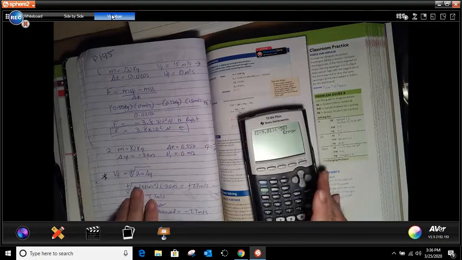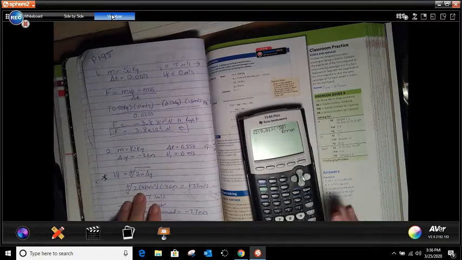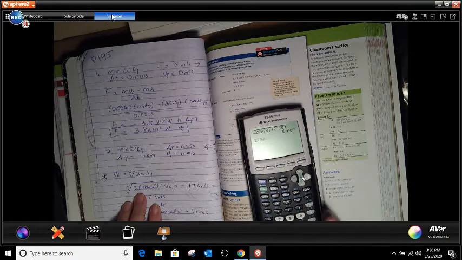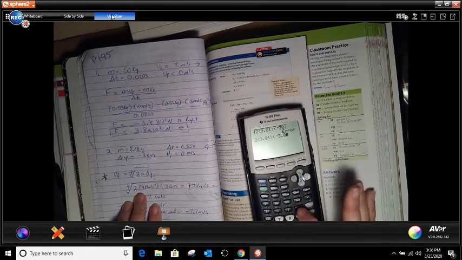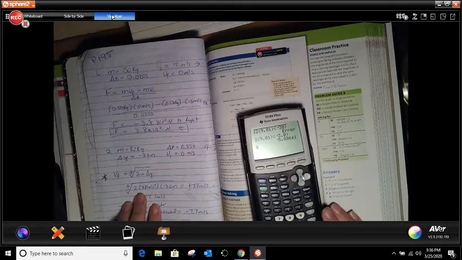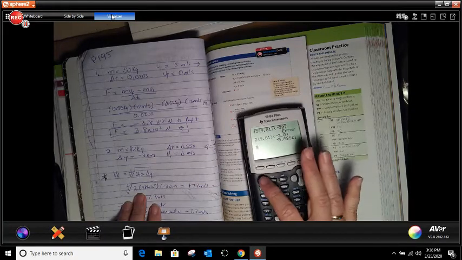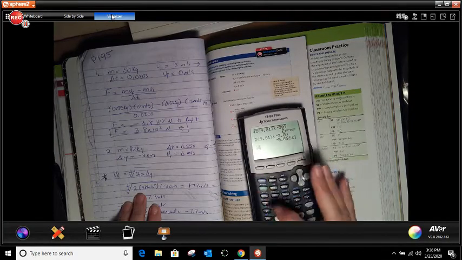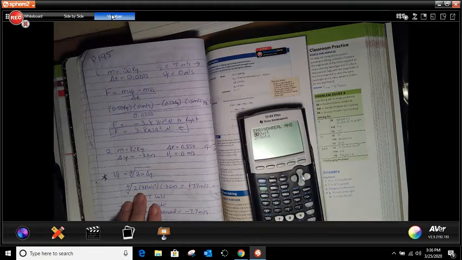Since I'm getting an error, this is what I'm going to do. I'm going to do 2 times 9.81, close bracket, open bracket negative 3.0 close bracket, and I get an answer. Then I do second square root, then second answer, and hit enter.